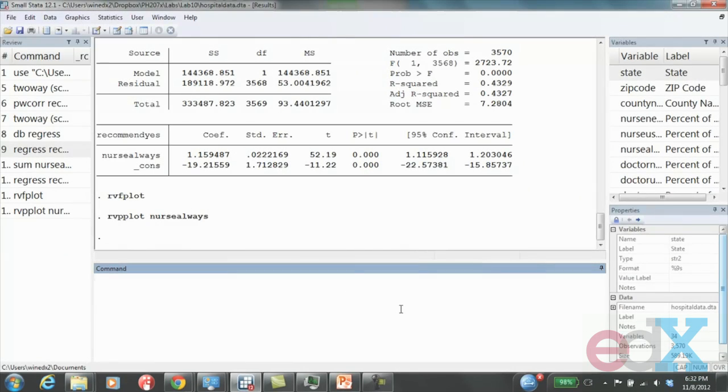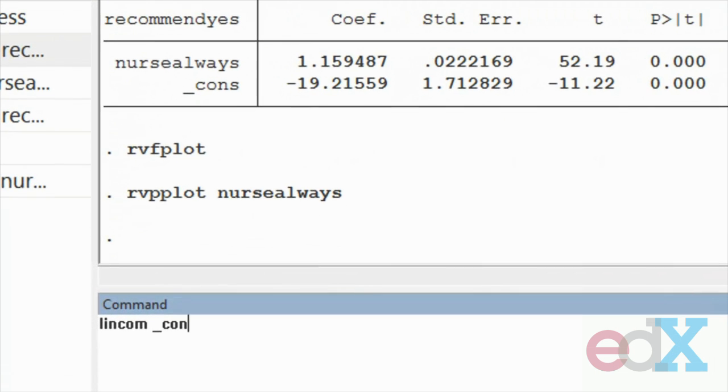The easier way to do this in Stata is right after you fit a linear regression model, you can use the lincom command. That's for linear combinations of your covariates. So what I can say is I want alpha, which Stata defines as underscore constant, plus beta, or just the name of my covariate, nurse always, times the value of that covariate, which is 80, and hit enter.